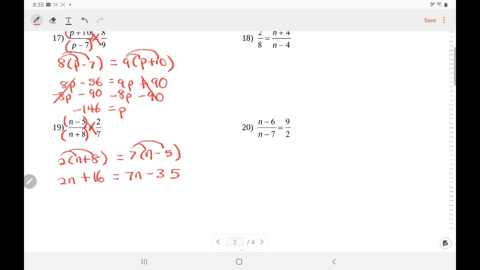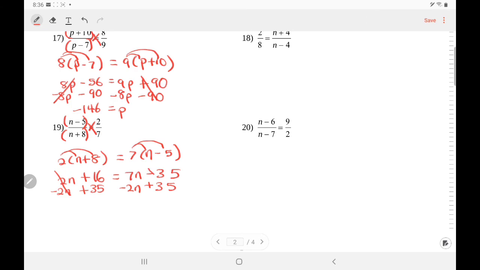Let's get the n's together. You can choose to subtract 7n or subtract 2n. I choose to subtract 2n, so n's are gone from here. Since I'm collecting n's on the right side, I might as well move the 35 using opposite operation. So I'm going to add 35.